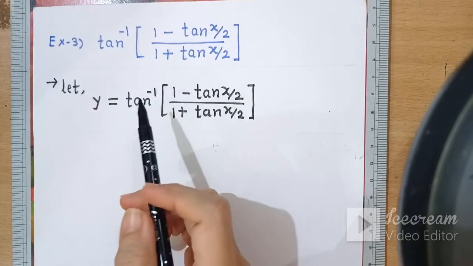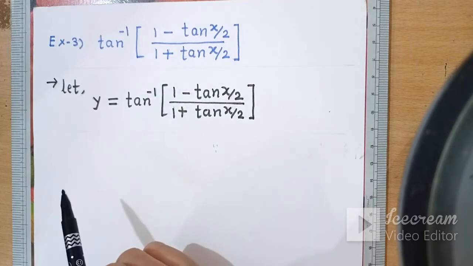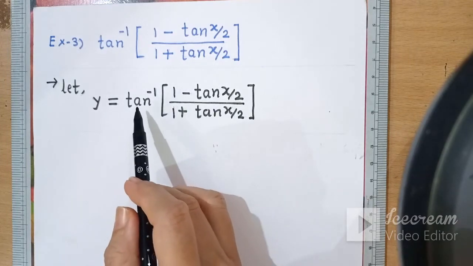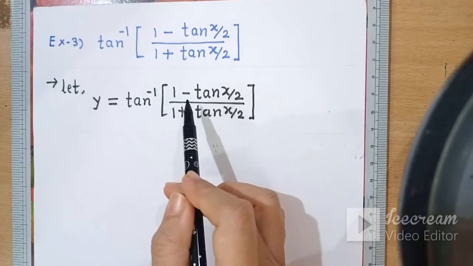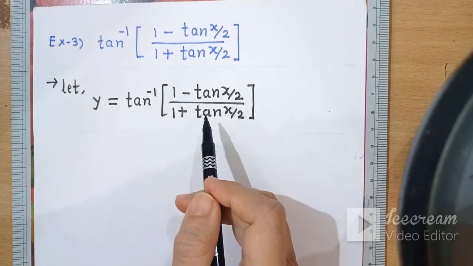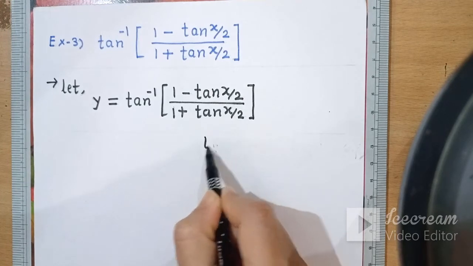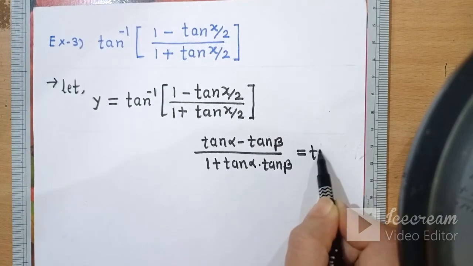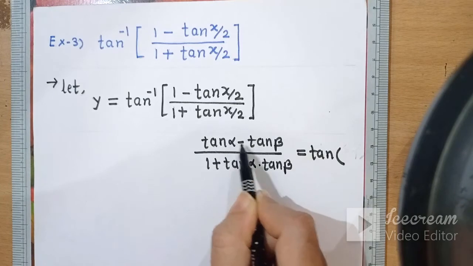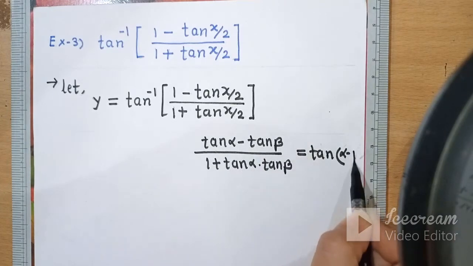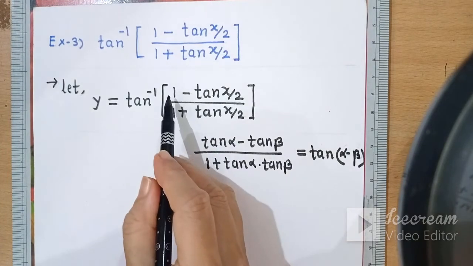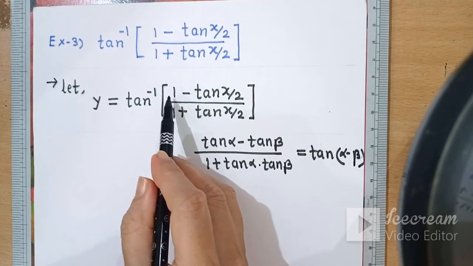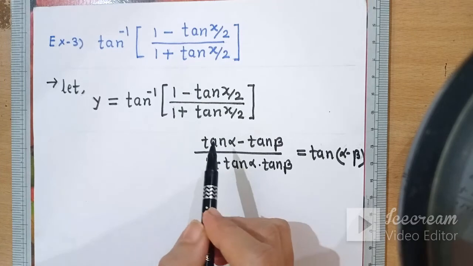Now let's try and solve this example, and here the outside term is tan inverse, so we will convert this bracket as tan of something. So we will use here the formula equal to tan of alpha minus beta. Now again here 1 is there, so instead of 1 we will use tan of pi by 4.